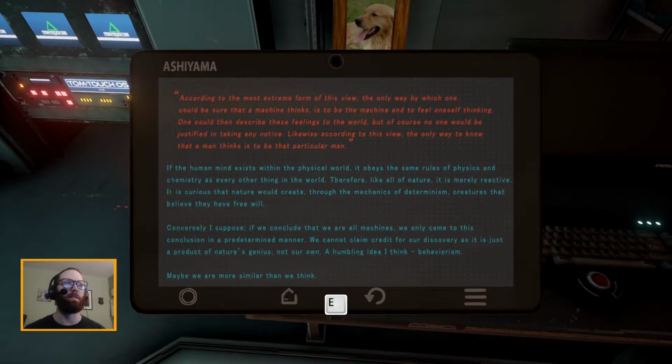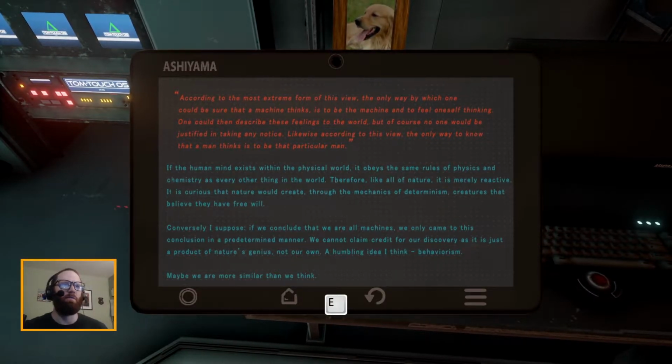If the human mind exists within the physical world, it obeys the same rules in physics and chemistry as every other thing in the world. Therefore, like all of nature, it is merely reactive. It is curious that nature would create, through the mechanics of determinism, creatures that believe they have free will.